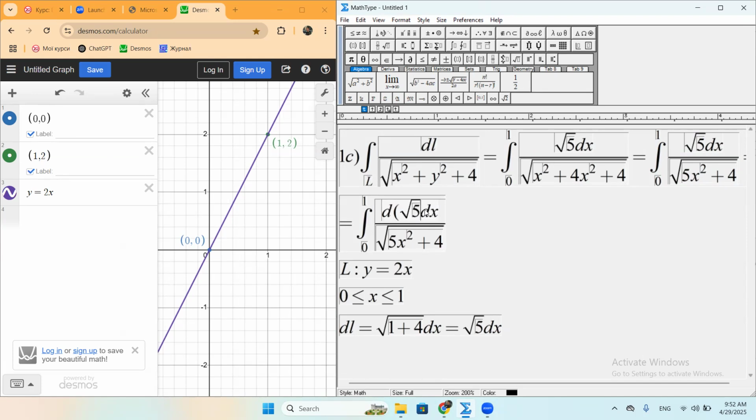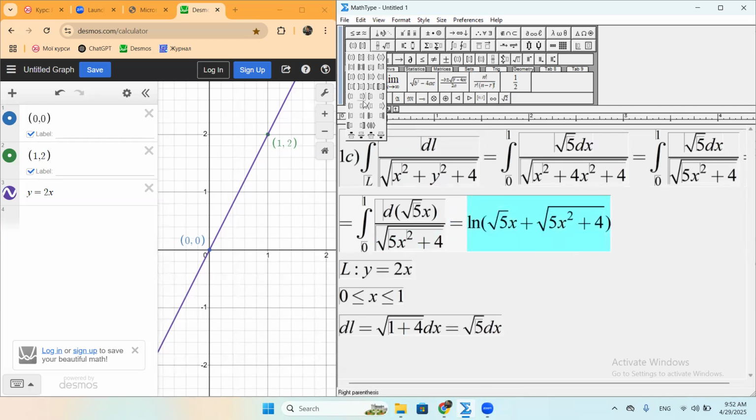In the numerator we have the differential of square root of 5x. So we have the logarithm of square root of 5x plus this square root, with substitutions from 0 to 1.